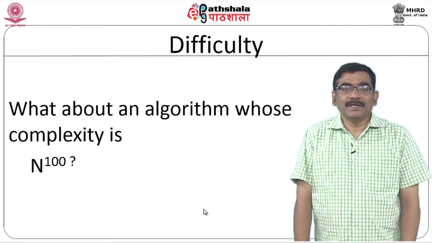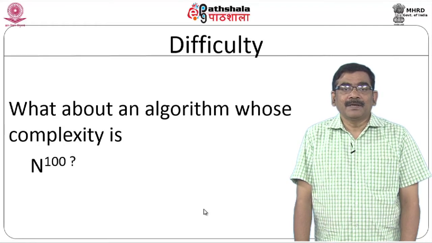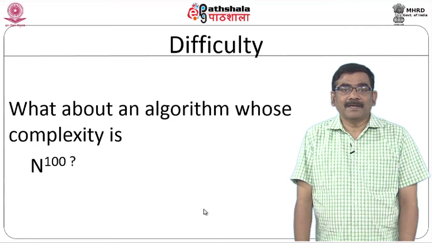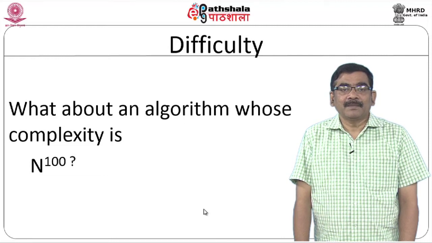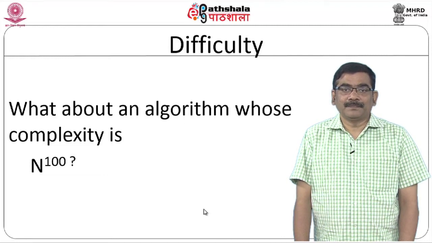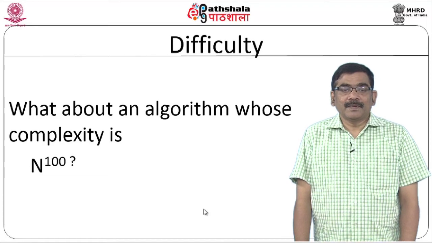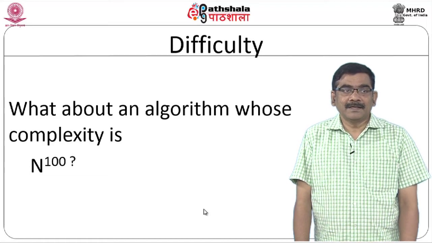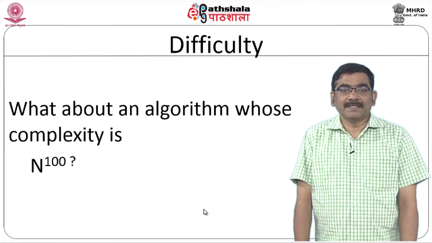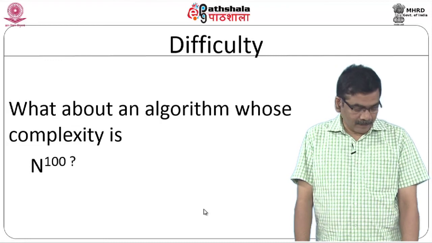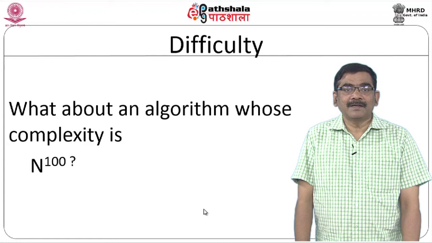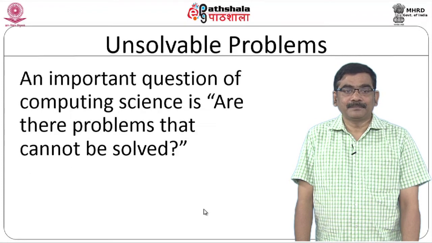Therefore, we can conclude that this strategy is very effective, because order of n power 100 algorithms are so rare, and hence can be conveniently ignored. So, in short, for most algorithms, this classification of efficiency and inefficiency based on polynomial time is highly relevant.